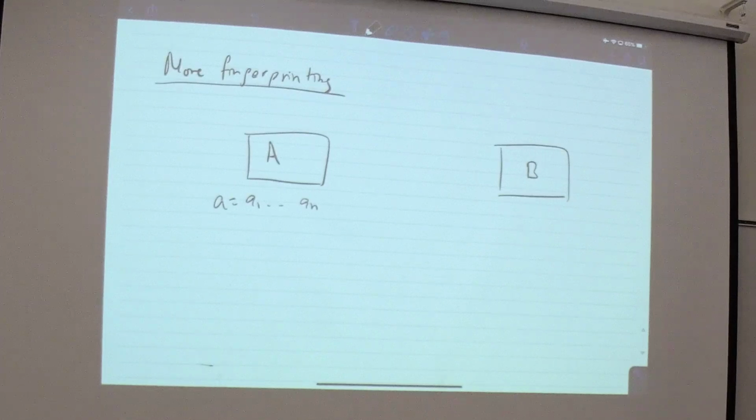And Bob has a string, B, which is an m-bit string. Among the most basic things they might want to know is, hey, do we have the same string? So think of these as bits. Do we have the same thing?